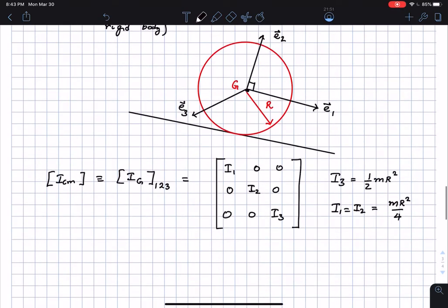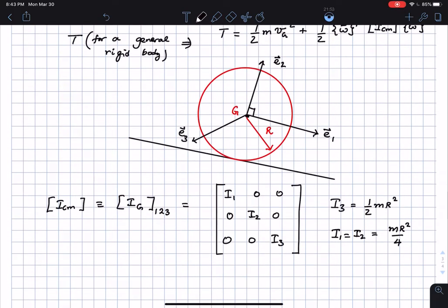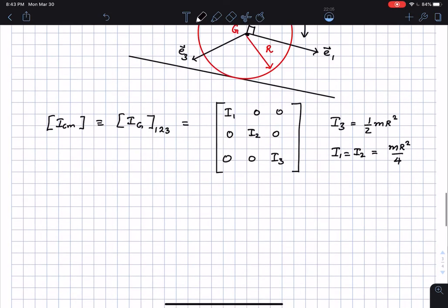Some other variables involved: I'm going to have the angular rate theta. The angular velocity I'm going to say is theta dot in the clockwise direction as shown. So this is theta dot of t, which means the angular velocity vector is 0 in the E1, 0 in the E2, theta dot in the E3 direction.